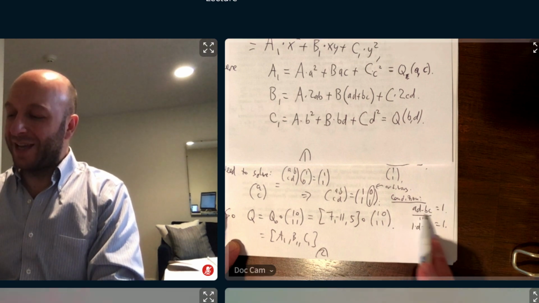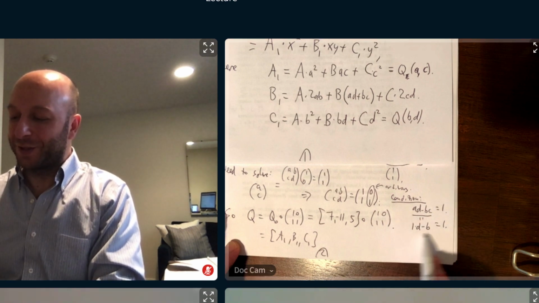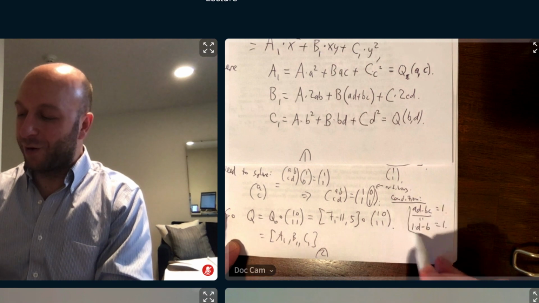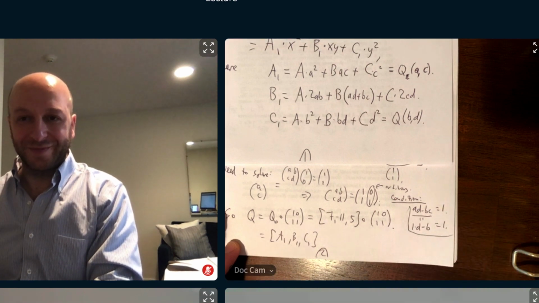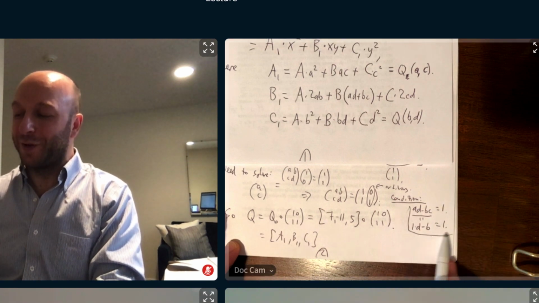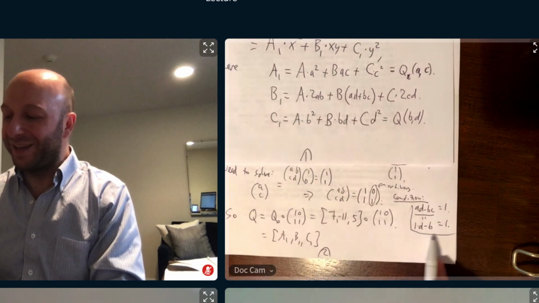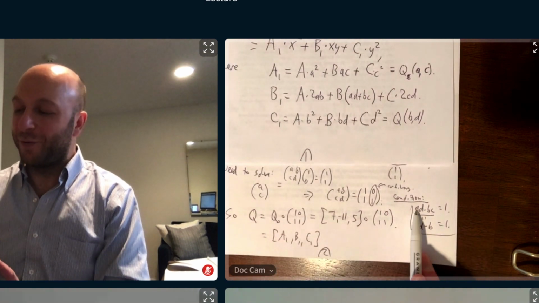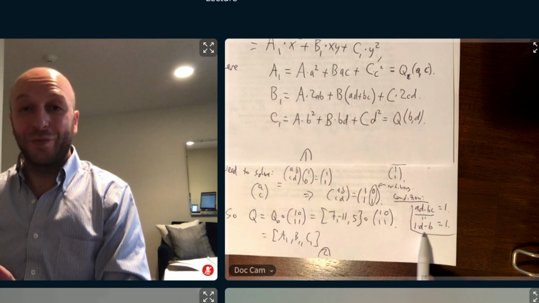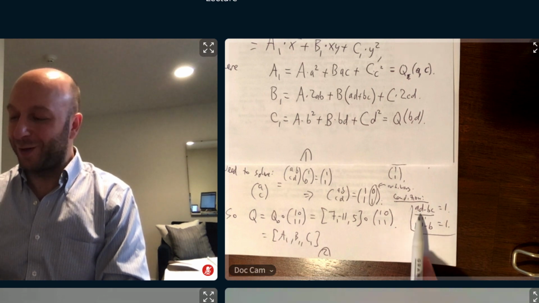A and C are particularly simple coefficients, so it's very simple to find forms like this. It's very simple to find integers whose difference is 1. You give me any D and I'll make a B. But you'll see in a minute when we have more complicated A's and C's, how do we solve this?